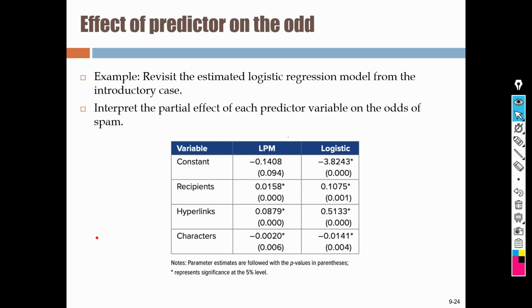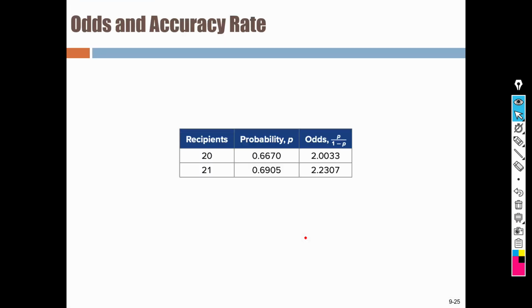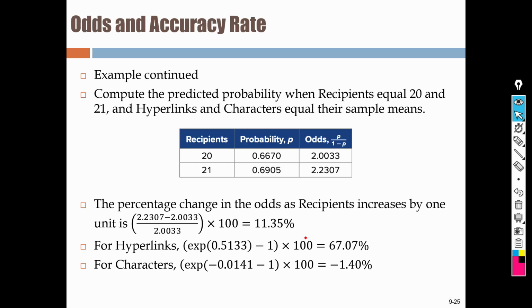So if you solve the introductory case, which is the spam detecting system, then we can see this table. If you calculate the probability, when the response is 20 or 21, the probability goes up. But actually, what was the p?